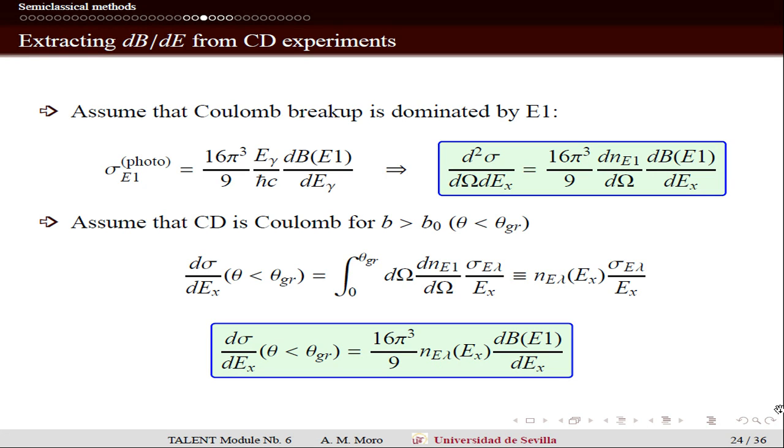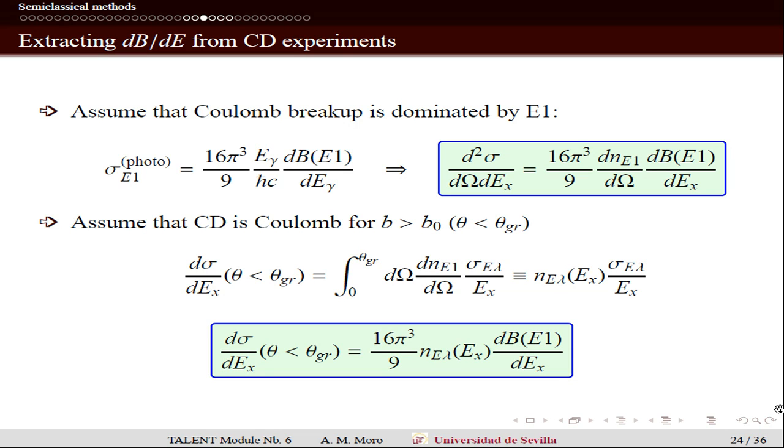Remember that we have this connection between the Coulomb dissociation and the B1 distribution. So this depends on the angle and on the excitation energy. The pure Coulomb dissociation will only be valid for impact parameters that are not too small, because if we have an impact parameter that is 0, in general we will have nuclear effects going on, because the projectile and the target can come close to each other, and there will be in general some other processes.